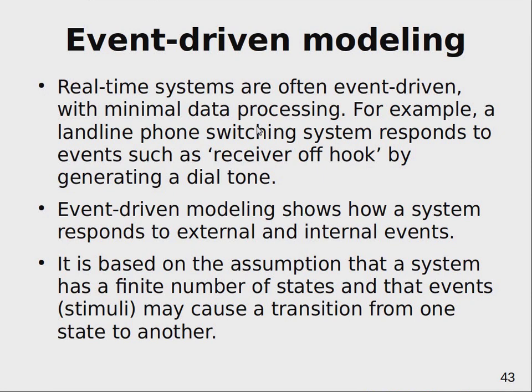So in many situations there are systems which are very active or reactive. So what is active or reactive? Active means that it acts on something, maybe internal events, and reactive means that some external events come into the system and it responds. So such kinds of systems are very easy to describe as an event-based system.